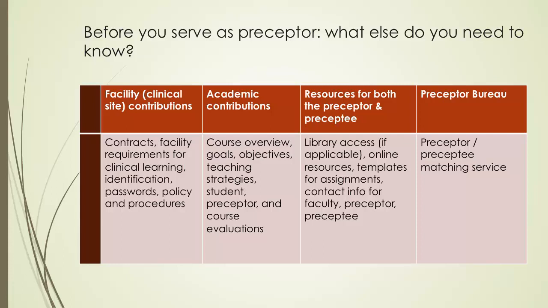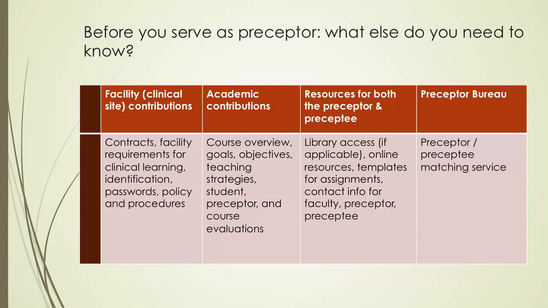Preceptors must be provided the individual academic institution's paperwork that clearly spells out student objectives, evaluations, and faculty contact info. Along with this information, the preceptor will need to be aware of the receiving clinic facility's requirements for students to practice in their organization, such as criminal background checks, HIPAA training, and CPR requirements.